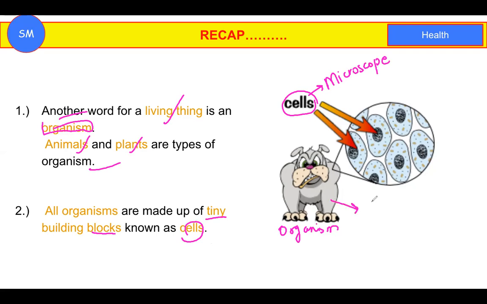When you zoom in or look with a microscope at how this organism is formed, you will find that it is made up of cells. We have taken this single cell out of this animal. Basically, this is the animal cell, and we tried to study what is inside it. So this was our last topic.